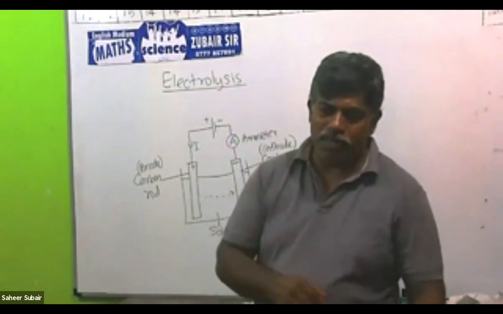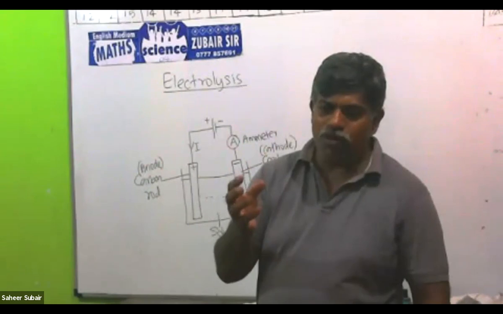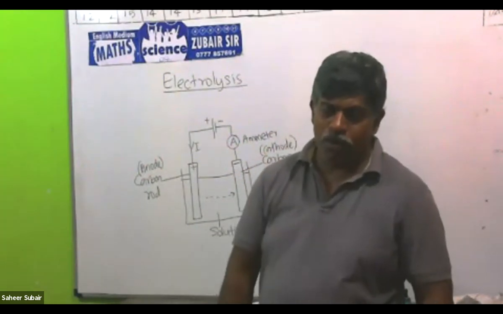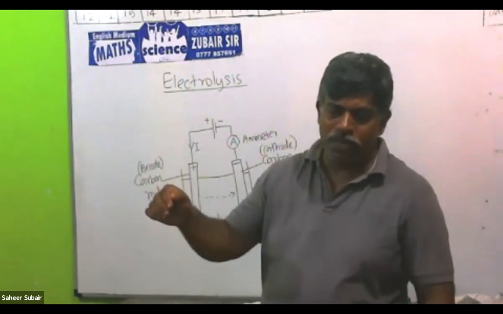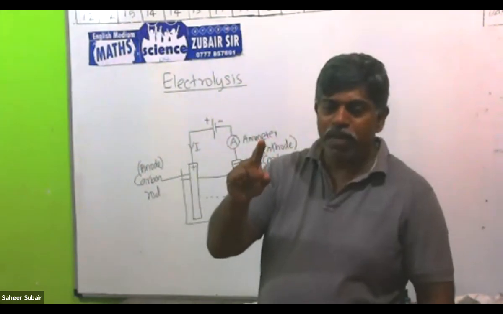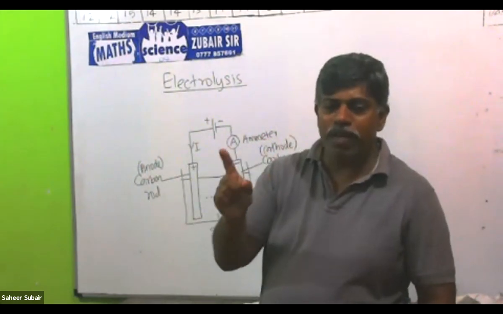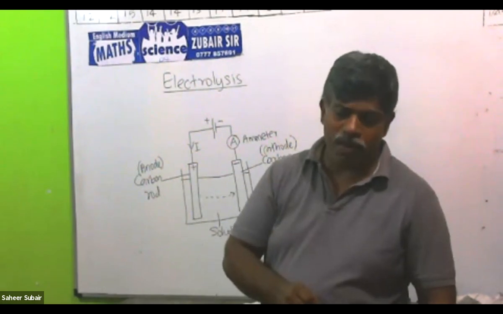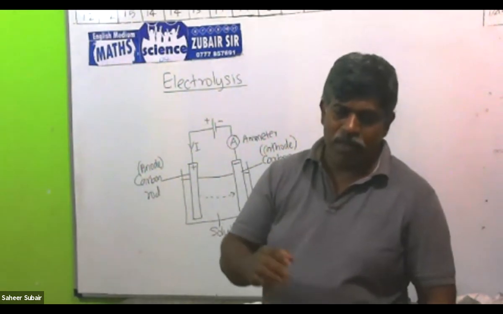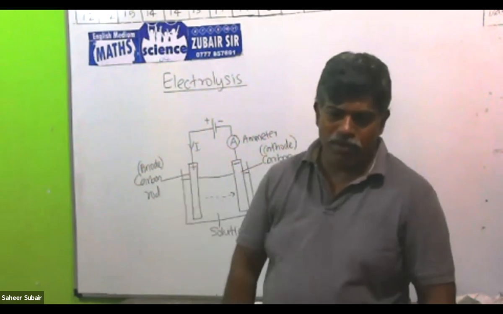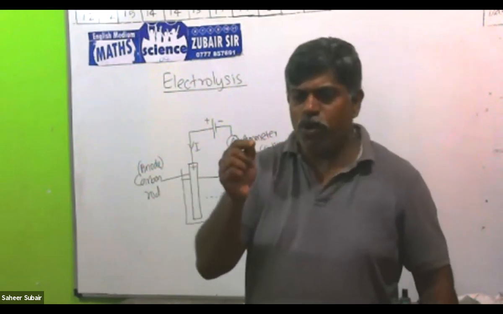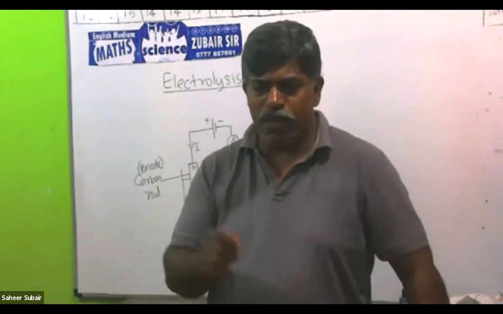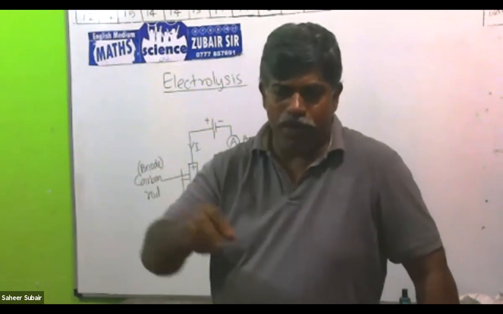Then remove this and take a little amount of salt solution. Pour the salt solution into this. Then you can see the ammeter shows a deflection. That means salt water allows the current. Then take that salt water out and mix a few drops of acid with water and use that water.